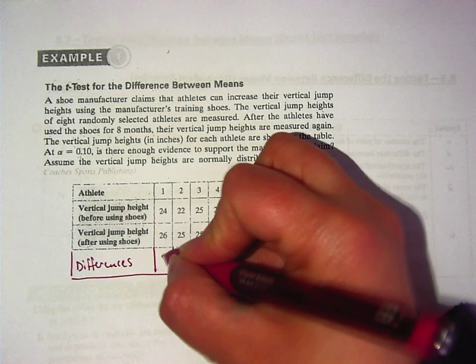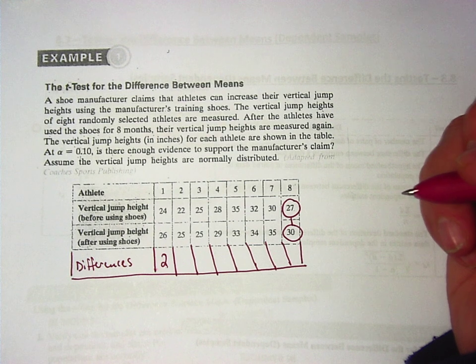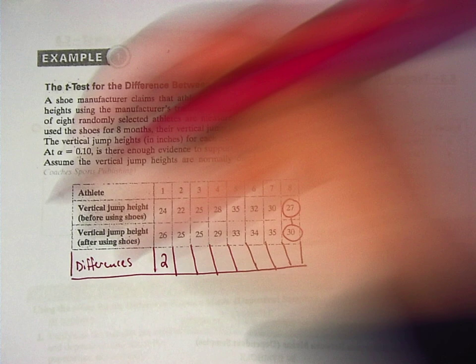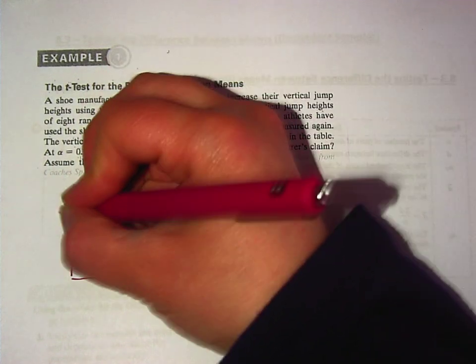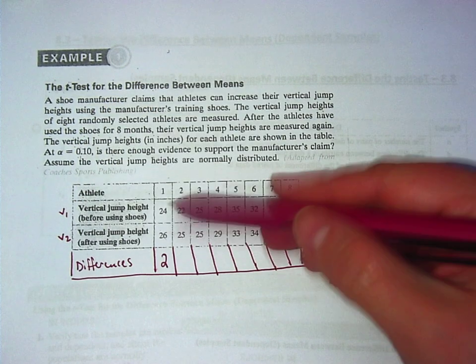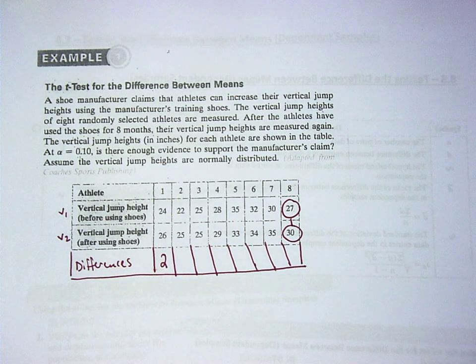I would prefer to call this a positive 2 difference because to me it looks like they gained 2 inches after wearing the shoes. You guys understanding that? But some people would say, I'm going to take their vertical jump height 1 and subtract their vertical jump height 2, and that would make this negative. And then I'm hoping for a negative number because I want their first one minus their second one. I want all their second ones to be bigger, so I want the average to be negative. I'm just switching it in my head.